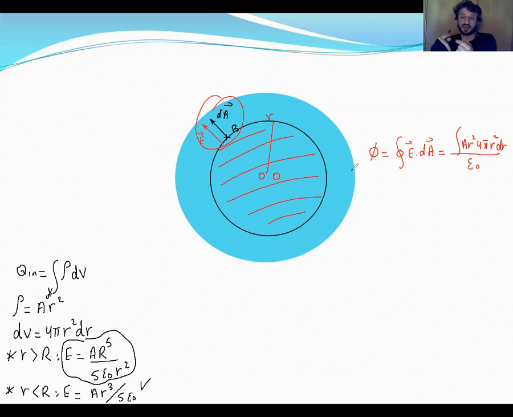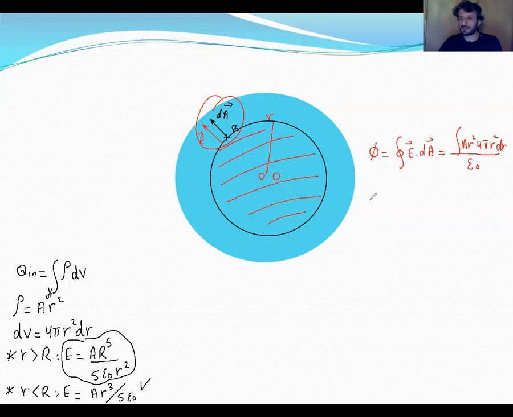If E and dA are opposite, you put cosine 180, and you get finally minus EA. You have only these two conditions, plus EA or minus EA. It depends on the value of the charge. If E is inward, you have to put the angle equal to 180 between E and dA.